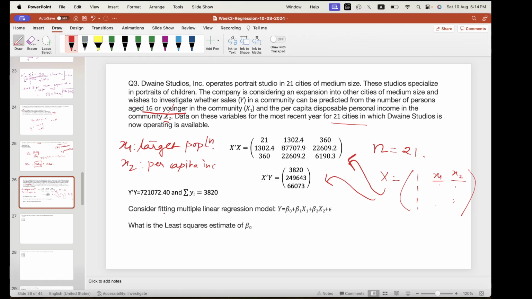Alright, so what is the least square estimate of beta naught? So how can we do it? First we'll get beta hat, that would be x prime x inverse x prime y. Okay, so then we have to compute this inverse of this matrix.